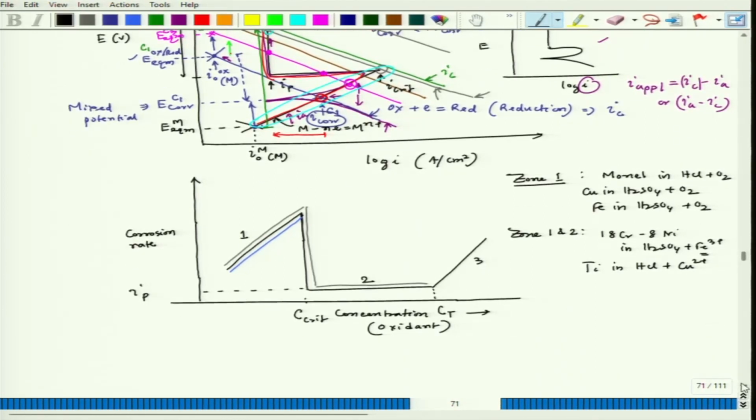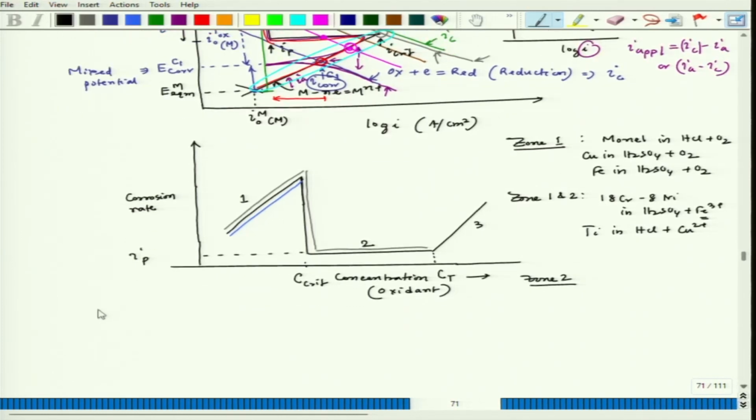Now, you can also have only zone 2. So, zone 2 can be observed, like let us say I have 18-8 in HNO3.